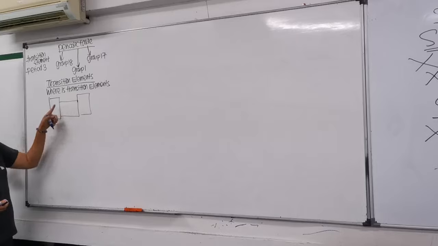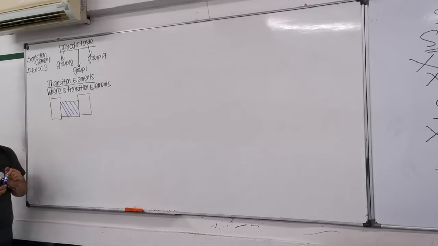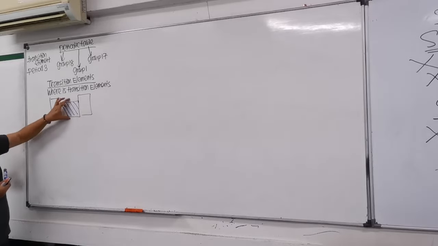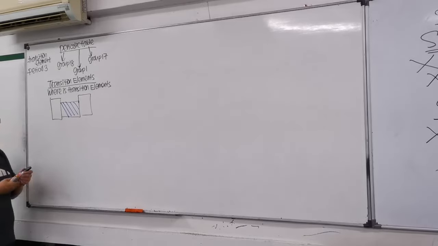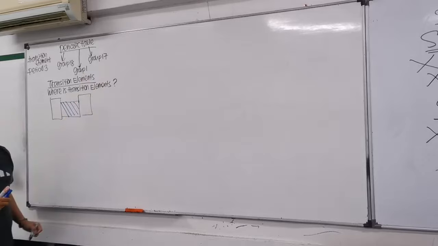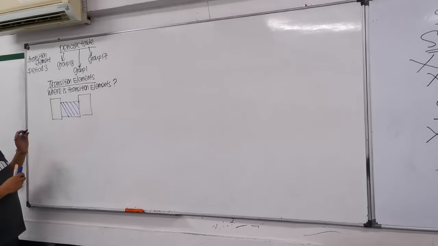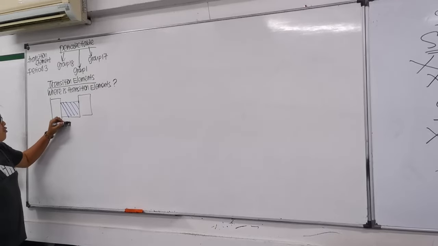Everything in the middle, the hamburger between both, everything here is transition elements. Are you clear on that? Everything in between the twin towers is transition elements. So far so good. The first thing I want you all to know is this.